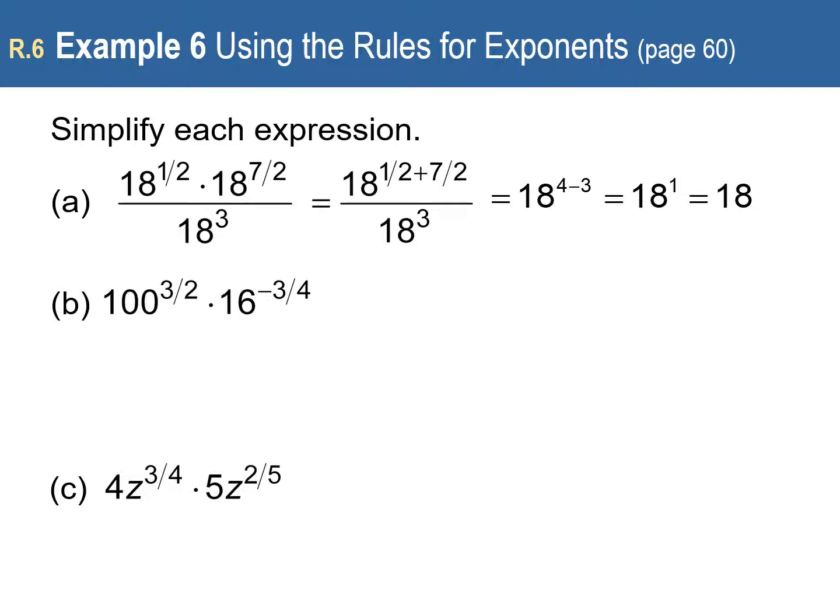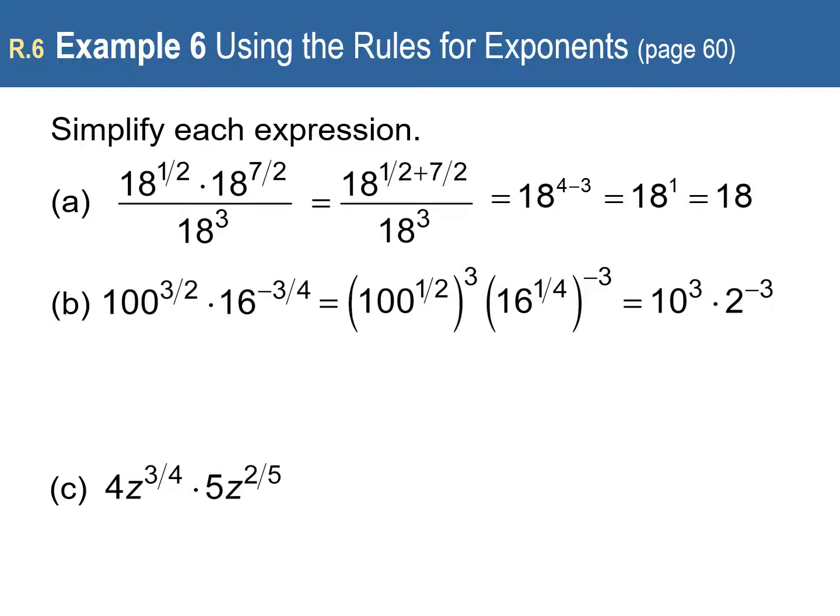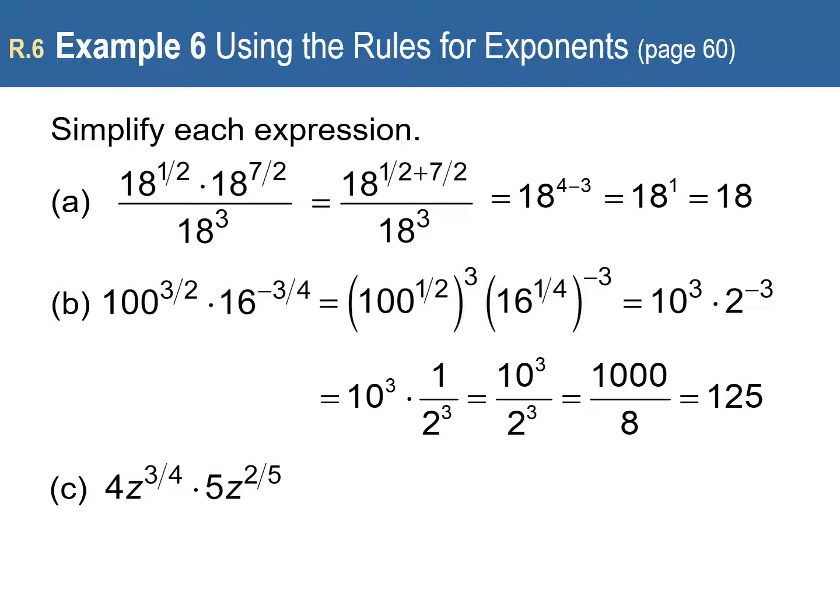Now 10 to the 3/2 times 16 to the minus 3/4. We're going to want to do the square root of 100 cubed, the 4th root of 16 to the negative 3. So this is 10 cubed times 2 to the negative 3, which is 10 cubed divided by 2 cubed, which is 1,000 divided by 8, or 125.